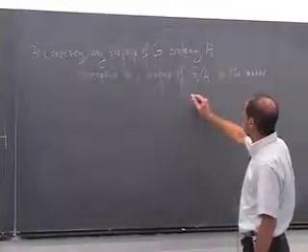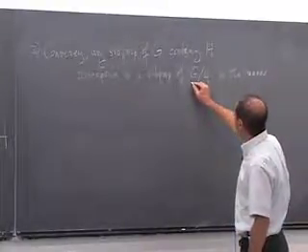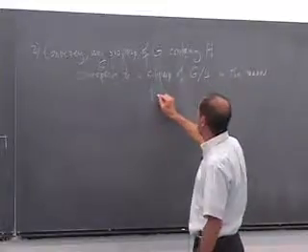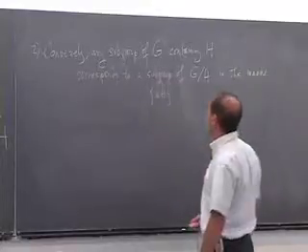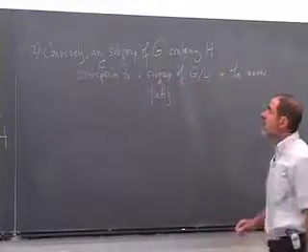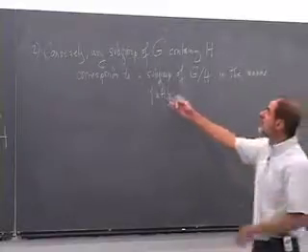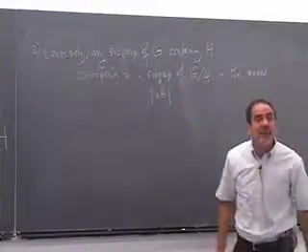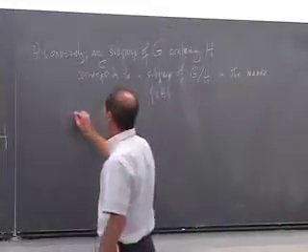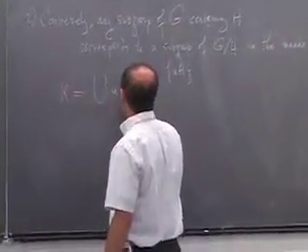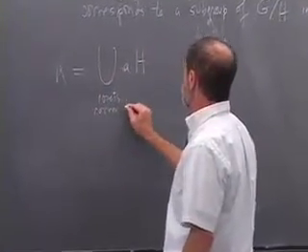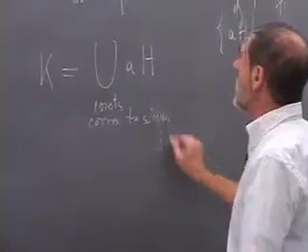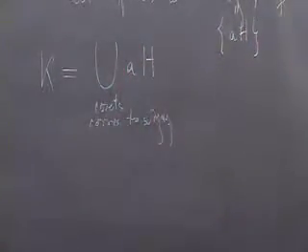Well, if I have a subgroup of G mod H, consisting of a subset of the cosets of G mod H, and I take the union of all those cosets, I claim that gives me a subgroup of G. So you have to check that this gives a subgroup of G containing H, and that every subgroup of G containing H arises in that manner.